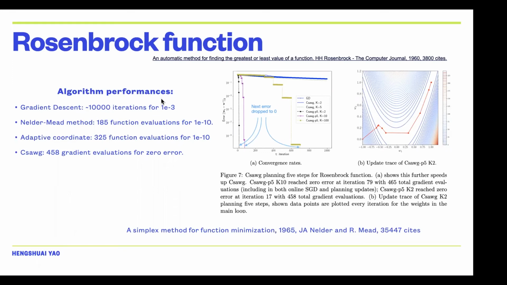Now the meat, which is a heuristic method, is way faster than gradient descent because it's not based on gradient descent. It spans fewer than 200 function evaluations for a great accuracy. Adaptive coordinate descent spanned about 300 function evaluations for the same accuracy, and CHAG spanned below 500 gradient evaluations for 0 error.